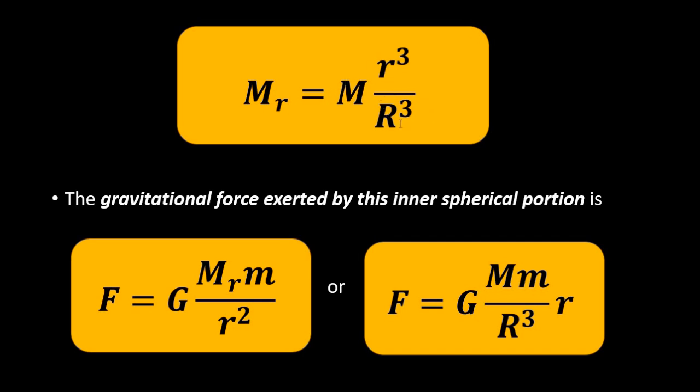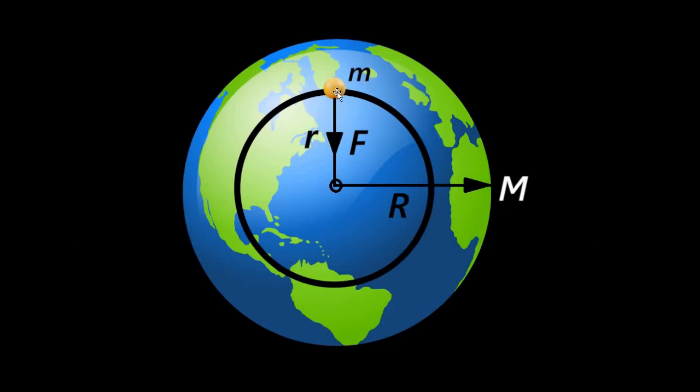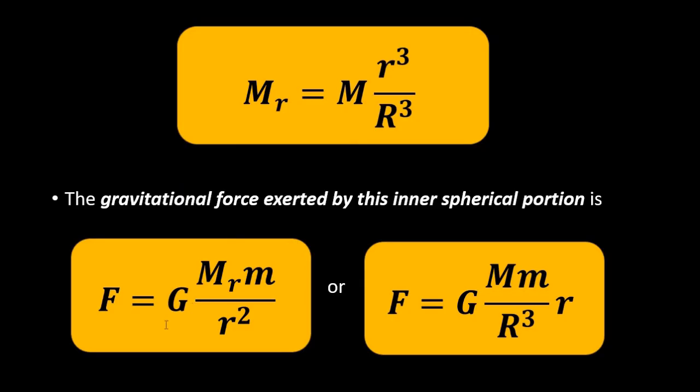Now the gravitational force exerted on this small point mass m, which is directed towards the center, is exerted by the mass of this inner sphere. So F is equal to G Mr, which is the mass of the inner sphere, multiplied with the point mass small m.